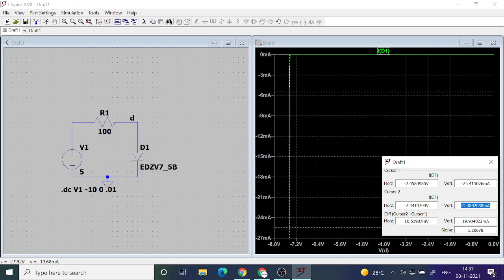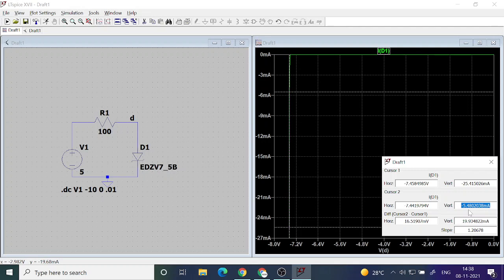This change in current, which is 20 milliampere, divided by the change in voltage, which is 0.01 volt. So 20 milliampere divided by 0.01 volt. 0.01 volt is 10 millivolt, so milli will cancel. So 20 divided by 10, that is 2 ohms.